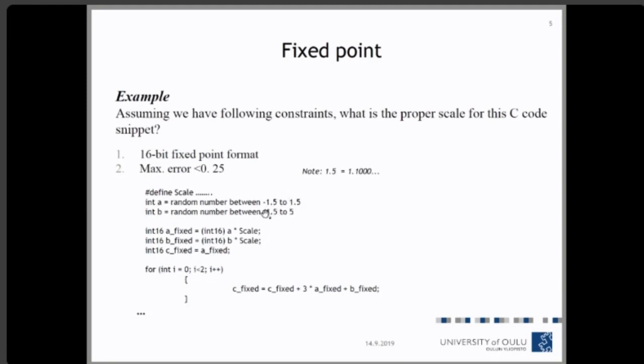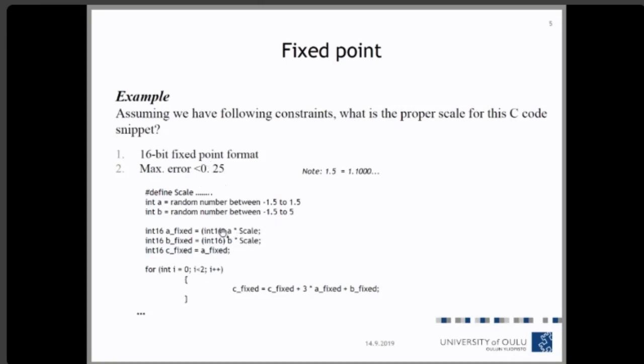We are sure that the number wouldn't be less than minus 1.5 and more than 5. So this will be the dynamic range for our numbers. Then to be able to use them, let's say in 16-bit integer format as fixed point numbers, we define new variables and we scale that number with some factor. And this factor is decided by the maximum error that we can tolerate.